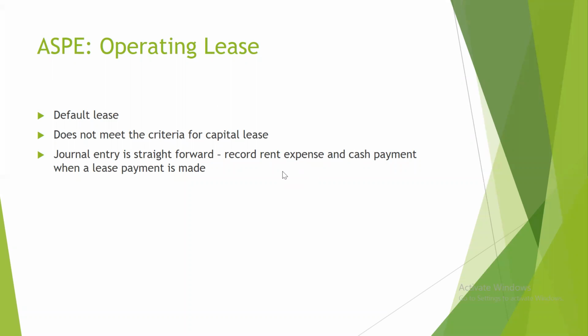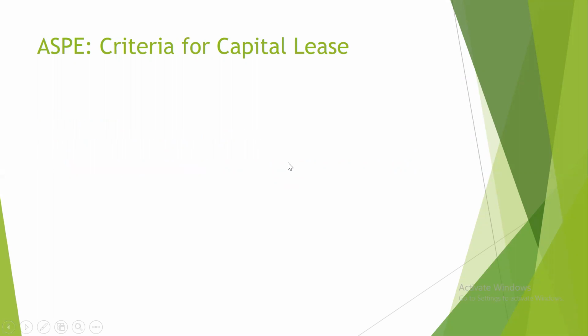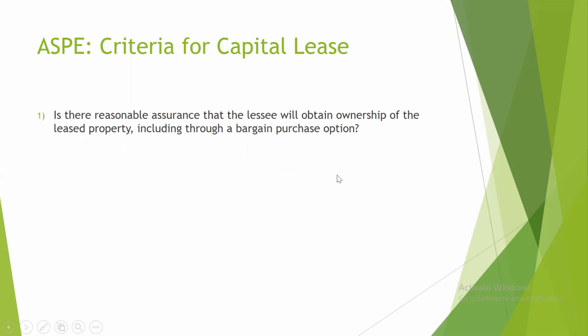When we go through capital leases, like I said, we have 3 criteria to go through to determine if something is a capital lease. Only 1 criterion needs to be met in order for something to be a capital lease.